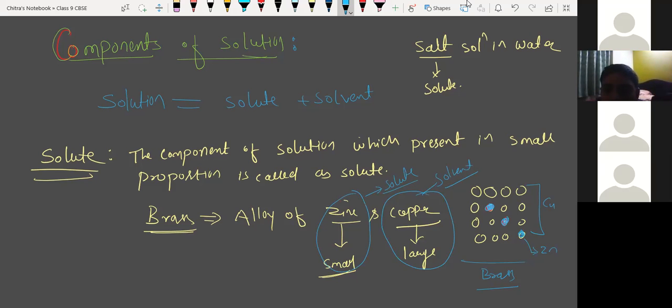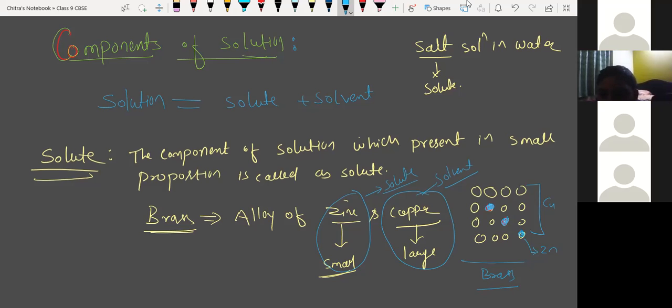Or we can say, in the solid structure of copper, you know the copper wire, it is made up of only copper atoms. But if you mix zinc there in order to make brass, some particles of copper will get replaced by zinc, because copper and zinc have more or less similar atomic size.